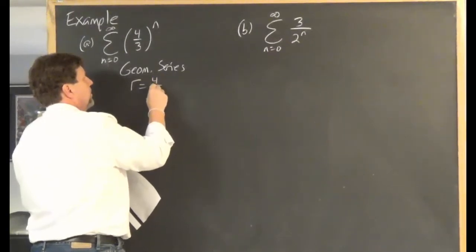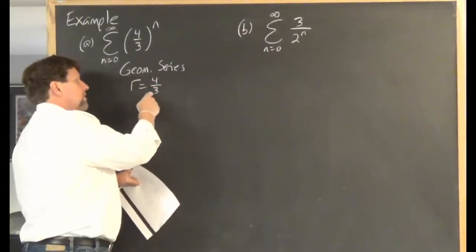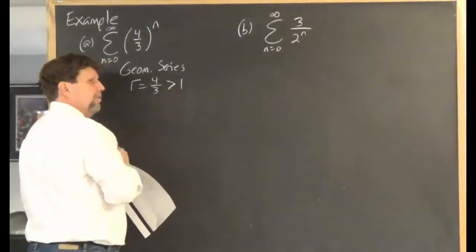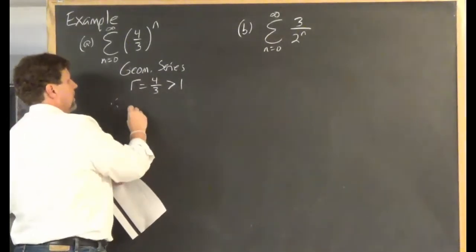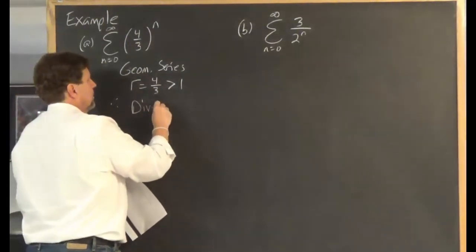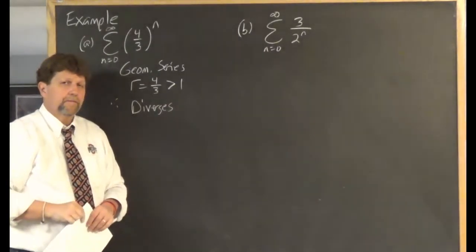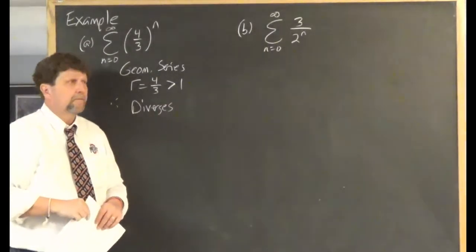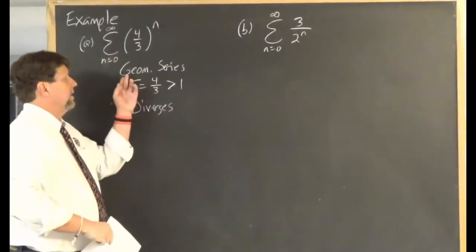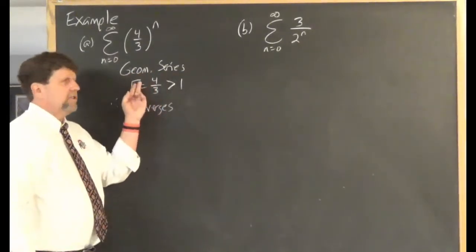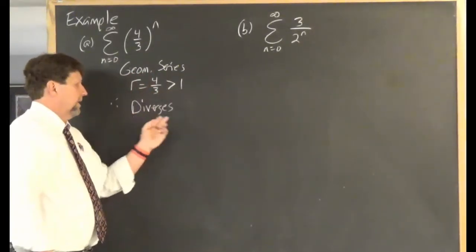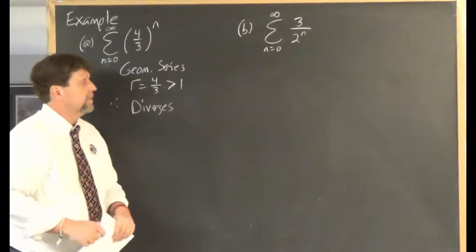The ratio is 4/3. Notice that that is greater than 1. That means the series diverges. That's it. This is stating a reason: telling me what test you're using, what part of it, and your conclusion.